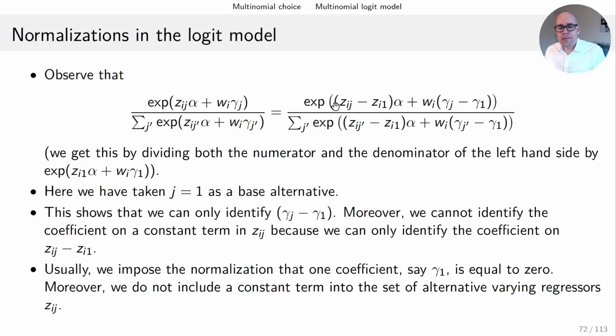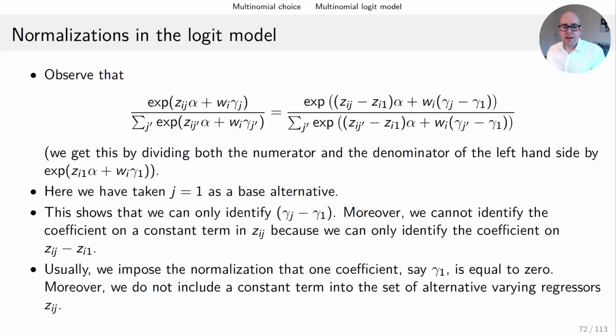What is this? This is the mean utility of alternative j minus the mean utility of alternative 1. So I'm getting the difference in the z's, and here I'm getting the difference in the coefficients gamma. And this is very natural.